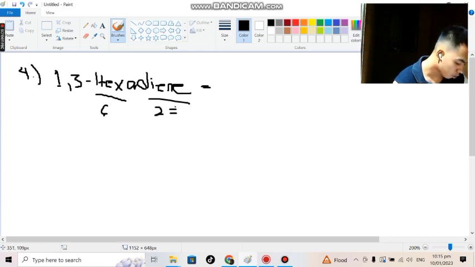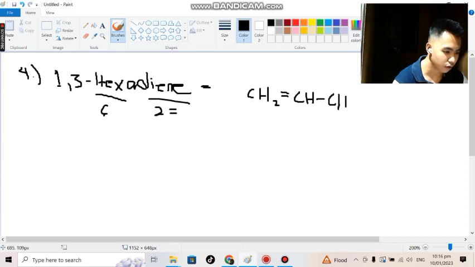So we're going to draw this like this. We have our first carbon, and then we have our double bond here, and then our second carbon, and then our third.